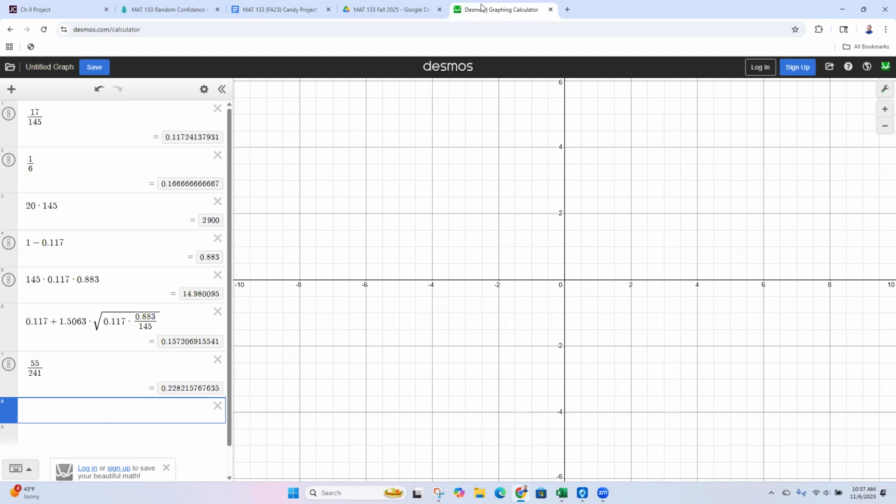Now yours obviously is going to be different from mine depending on what numbers you had. And we're going to use this as an approximation for the proportion of yellow in all Skittles.